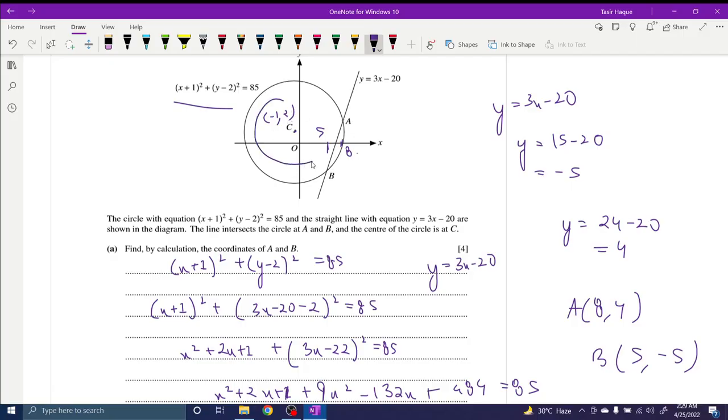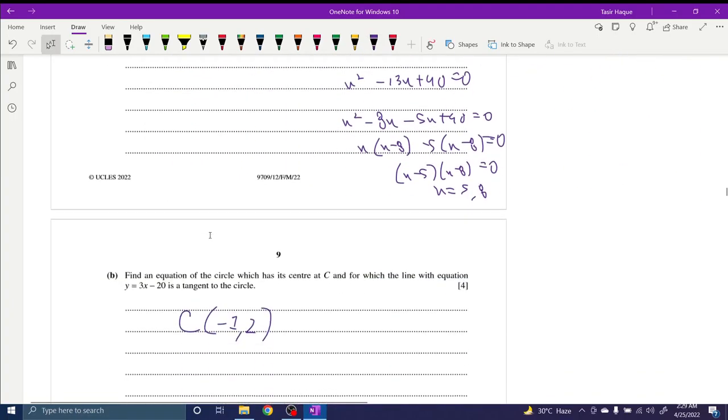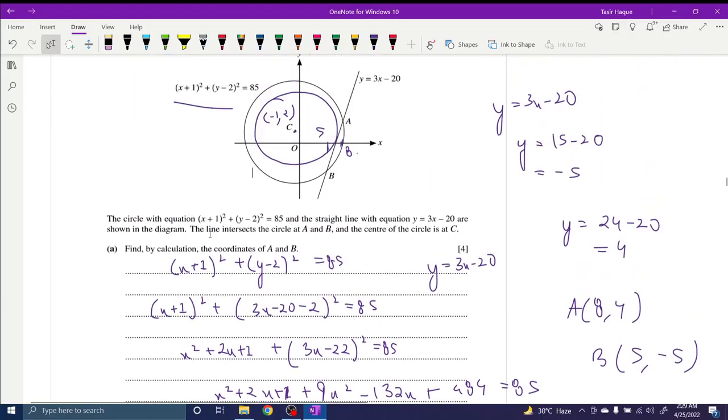It's going to be like this, right? It's going to be like this over here. So we can actually find out, we know the gradient of line AB, right? It's plus 3. y is equal to 3x minus 3. The gradient is plus 3.